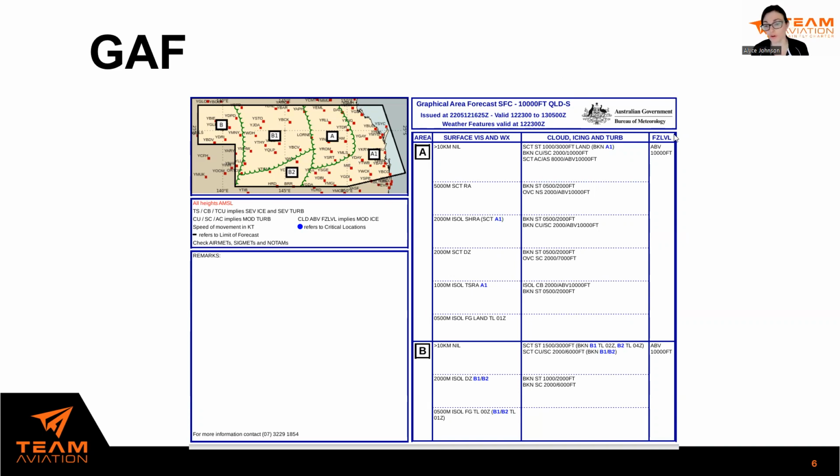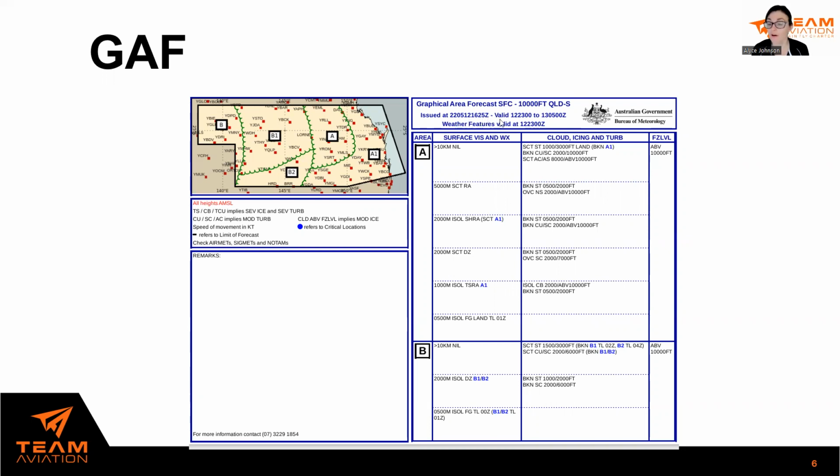We can then move across to the main part of the graphical area forecast. We can see here the title, Graphical Area Forecast, Surface to 10,000 feet for the Queensland South area. This is the time at which it was issued by the Bureau. So we've got the year, 22, the month, the date, and the time.